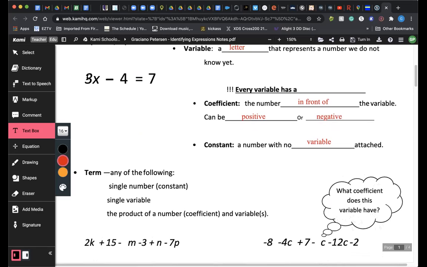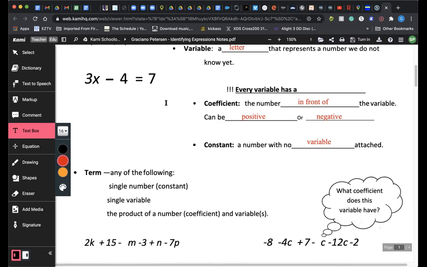So in 3x minus 4 equals 7, we have 1, 2, 3 terms. Every single thing that is separated by an operation or an equal sign is considered a term.